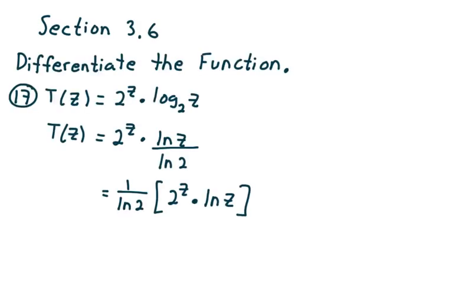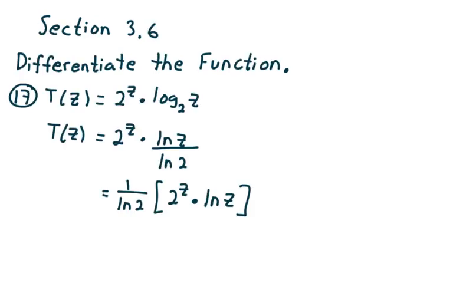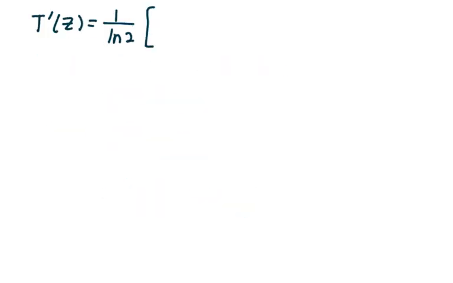So t prime of z is 1 divided by natural log of 2 times the quantity. Now, I'm going to write down the first function, which is 2 to the z, and I'm going to multiply by the derivative of the second function with respect to z.